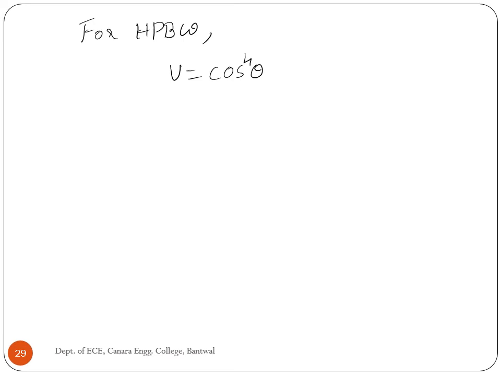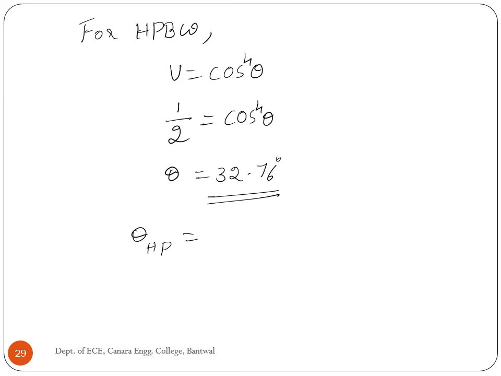And we know that radiation intensity at half power beam width is half, which is equal to cos to the power 4 theta. Therefore, theta is equal to 32.76 degree. Therefore, half power beam width in theta plane is 2 theta, which is equal to 65.5 degree.